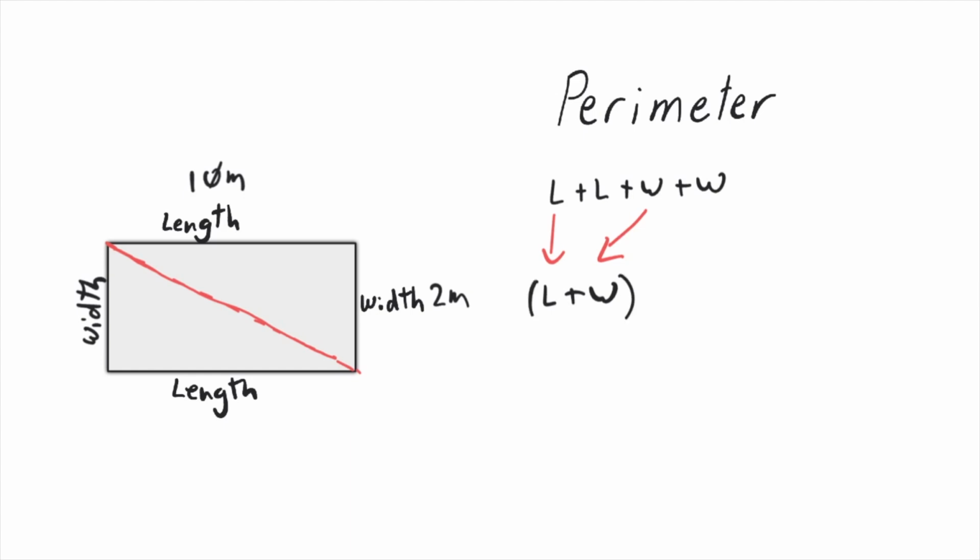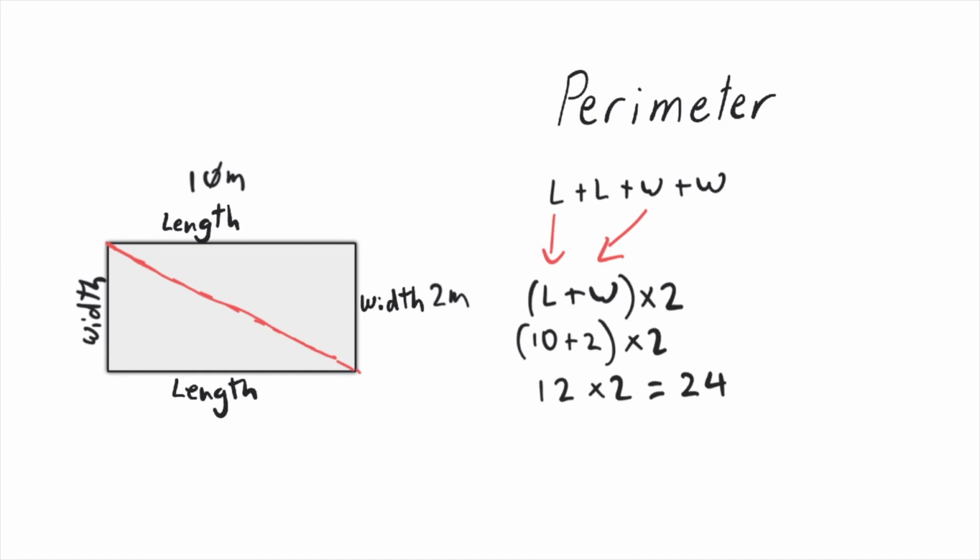We're going to put those in brackets because we want to make sure that when we calculate, we do those first. But we have two of them. So it becomes length plus width, times 2. Now, when we substitute in, we have 10 plus 2, times 2. Well, 10 plus 2 is 12, times 2 equals 24. It gets us to the same result.